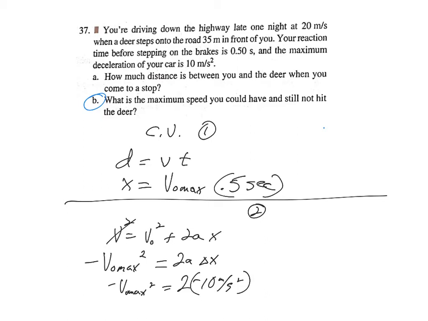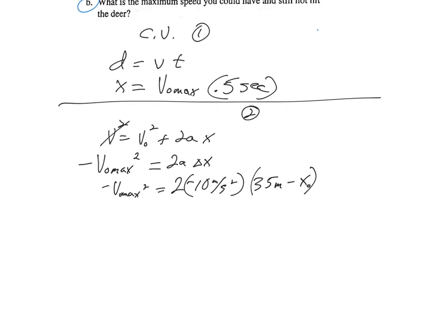Now my change in x is really my 35 meters minus my initial x, because my distance is going to change. If my speed changes, that distance is going to change, so I don't know what that is. So if you look at this, you have 2 unknowns again. This x0.